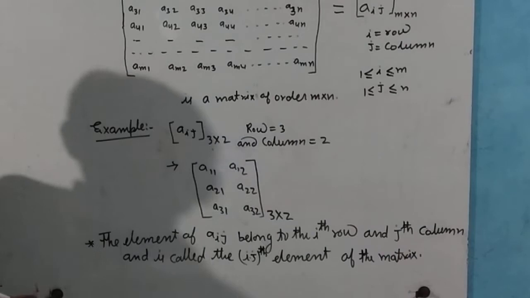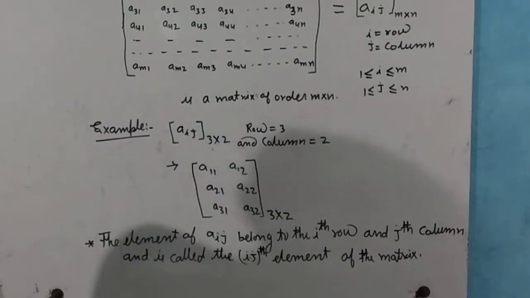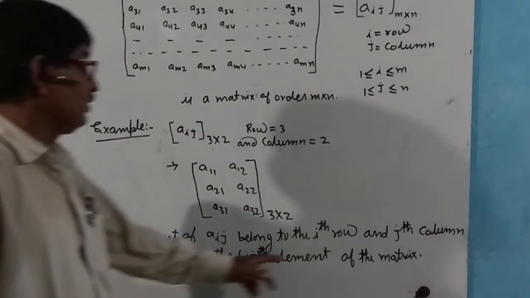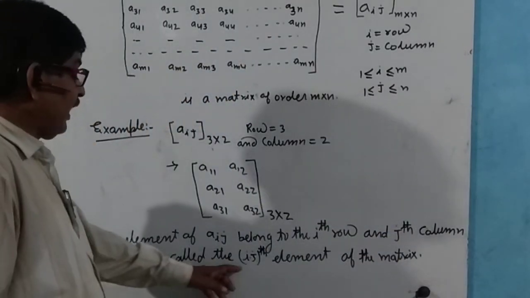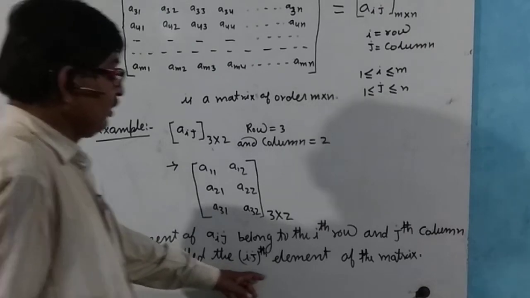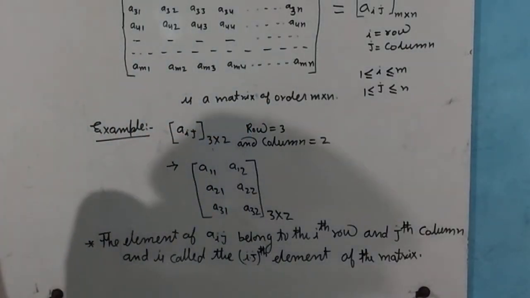Here the element of Aij belongs to the ith row and jth column and is called the ijth element of the matrix in this case.